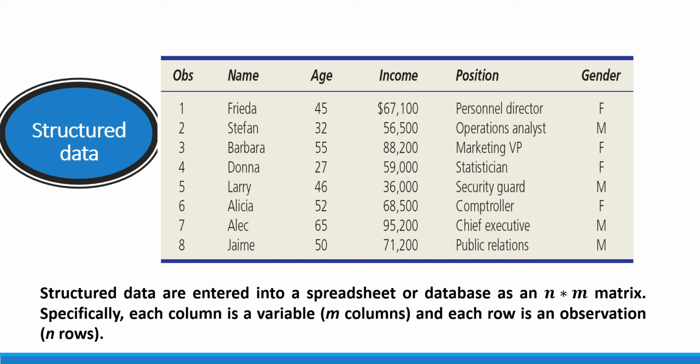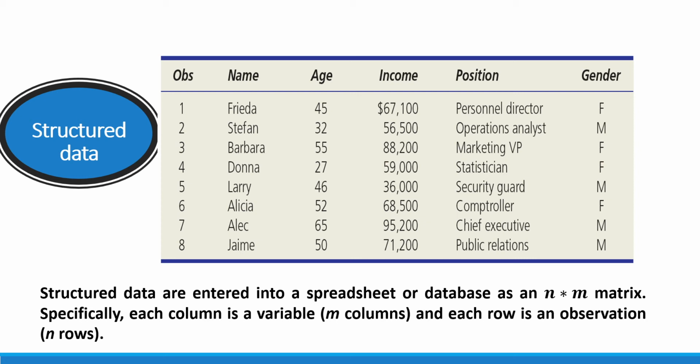So again, this table represents our data set for the observations. Here in this table, there are only 8 observations with 5 variables: name, age, income, position, and gender. Inside the table, there are different values for each observation, different values for the variables of the 8 observations.